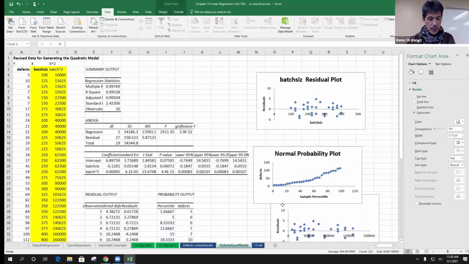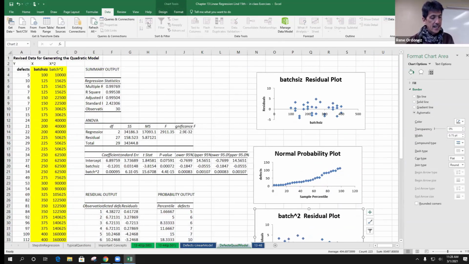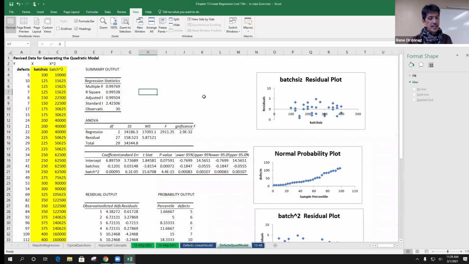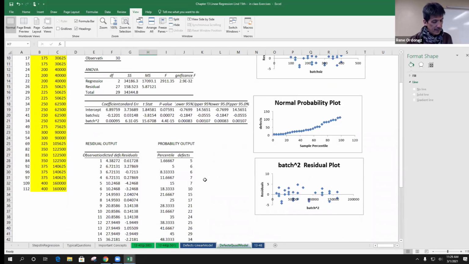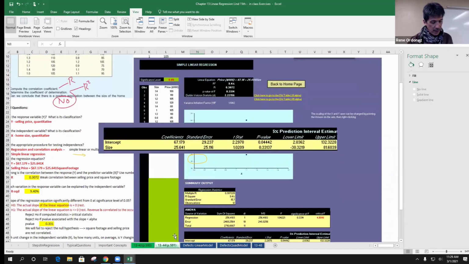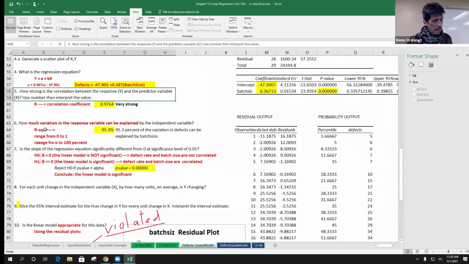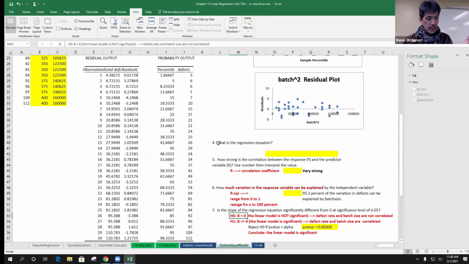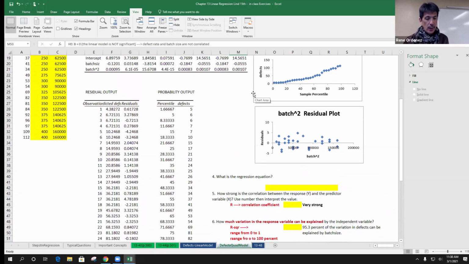So here are the residual plots that were generated by Excel. I'm going to remove the grid lines, so the worksheet will be a little bit cleaner. All right. Now, let me copy the same questions we asked in the previous model. Question number 4, it says, what is the regression equation?